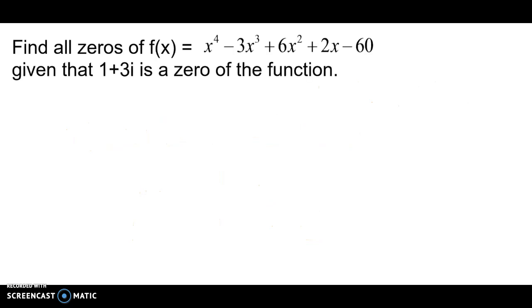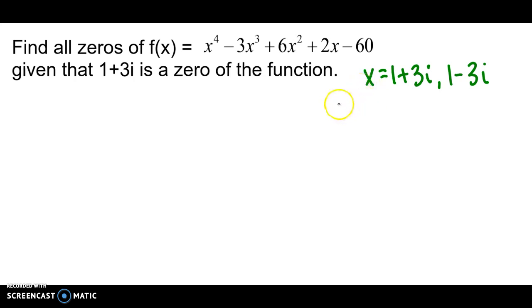Next example. Find all zeros of f of x, given that 1 plus 3i is a zero. If 1 plus 3i is a zero, we also know that its conjugate pair, 1 minus 3i, is also a zero. Also, make sure you save some room for yourself in your notes packet. This is going to require a bit of work.